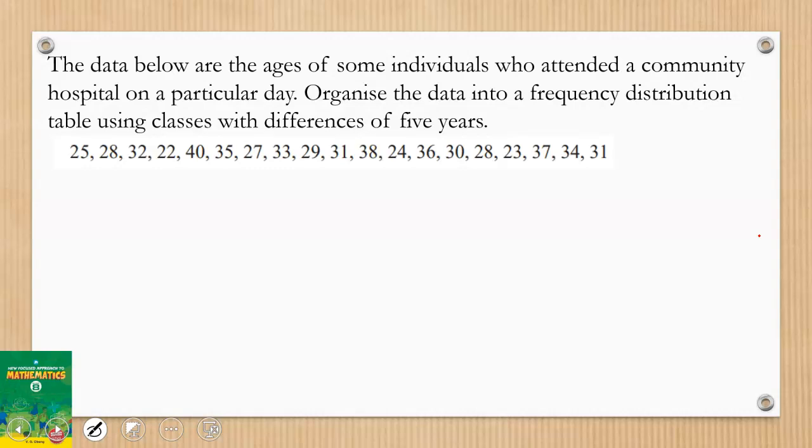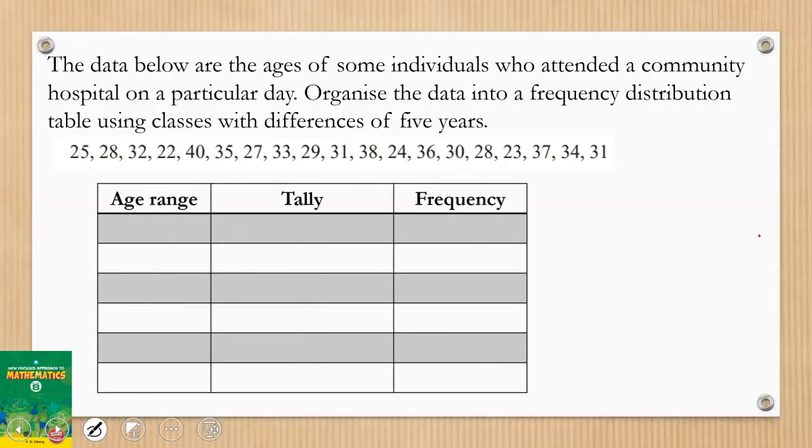So here, the data below are the ages of some individuals who attended a community hospital on a particular day. We have to organize this data into a frequency distribution table using classes with differences of 5 years. So what we do is that we still introduce our table once again, and the lowest value that we see here is 22.